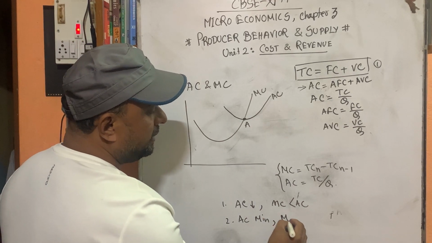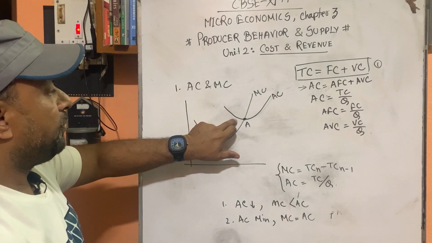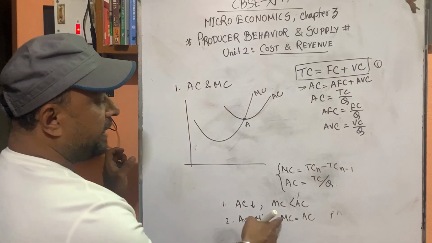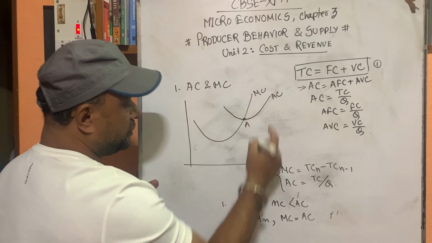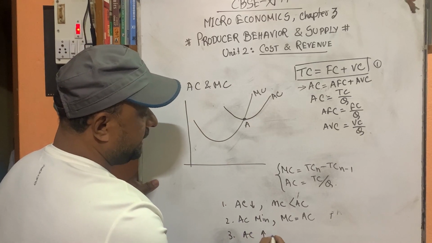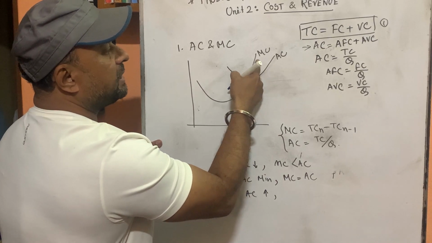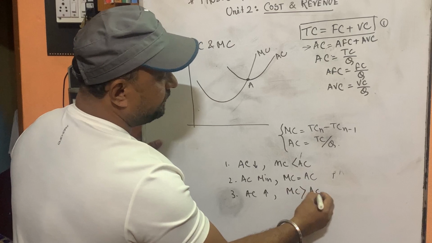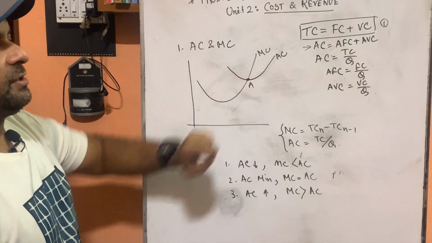At that time marginal cost and average cost are both equal, because at that point both curves intersect. So MC is equal to AC. Third, when average cost rises, MC becomes more than AC, because the MC curve lies higher here. So MC is greater than AC. So this is the relation between marginal cost and average cost.